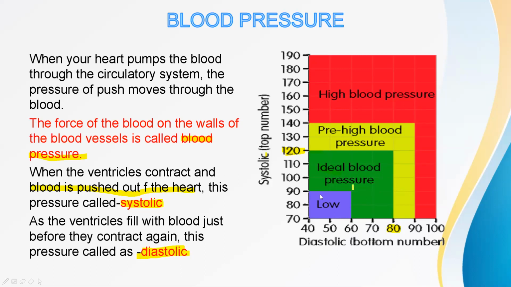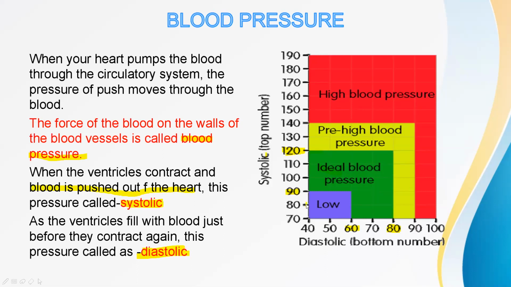If the systolic blood pressure is 90 and the diastolic pressure is 60, we call it low blood pressure, meaning there is some problem in your heart, which is not pumping properly.